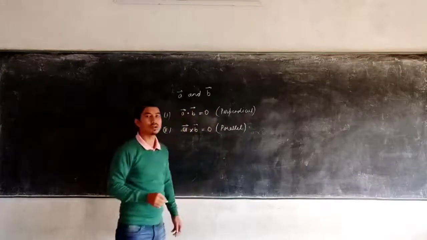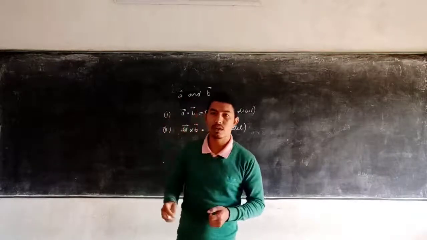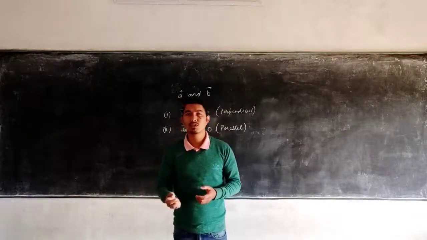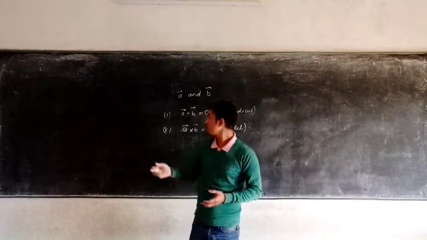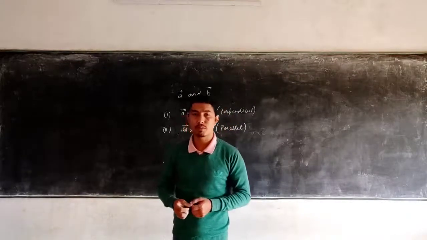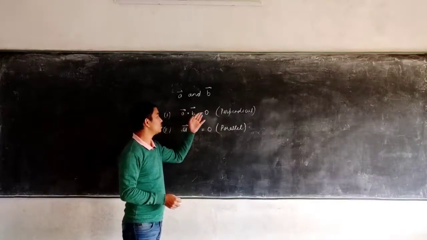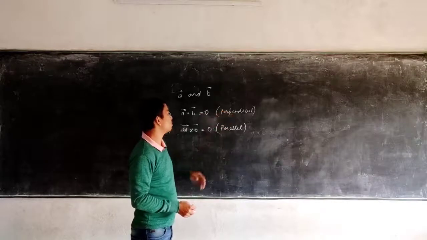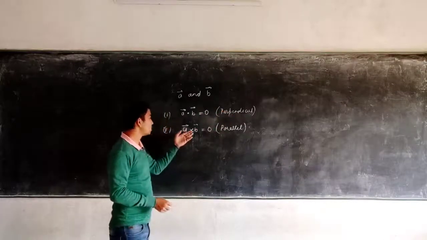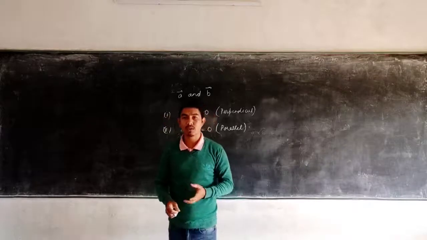Okay, so using this concept, you may do the questions based on the conditions, or where the question asks you to find under what conditions or for what value of x or y the two vectors are parallel or perpendicular. So you will use this concept. If A dot B is equal to 0, the two vectors are perpendicular to one another, and if A cross B is equal to 0, then the two vectors are parallel to one another.